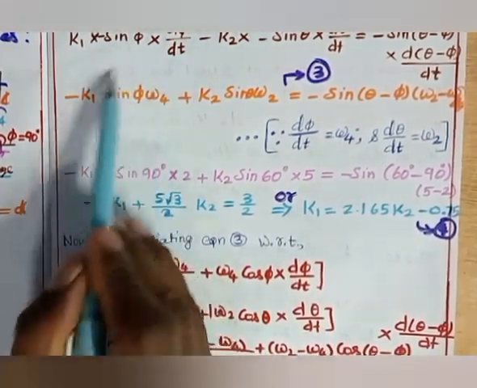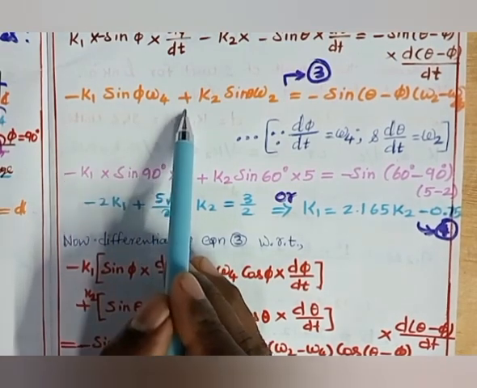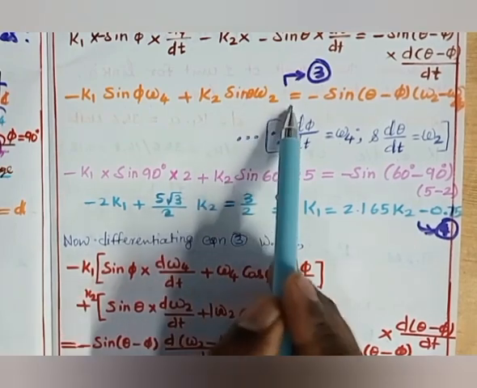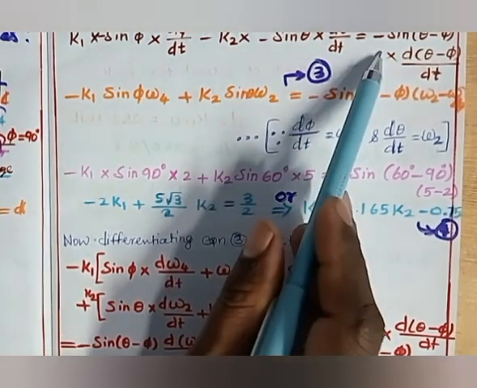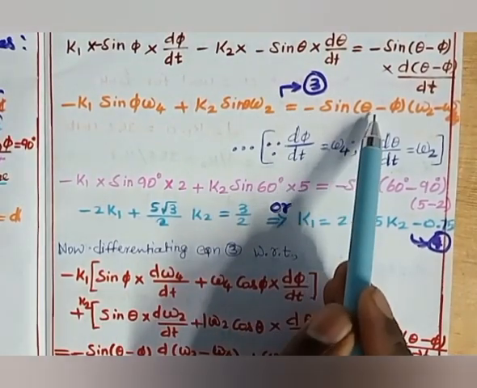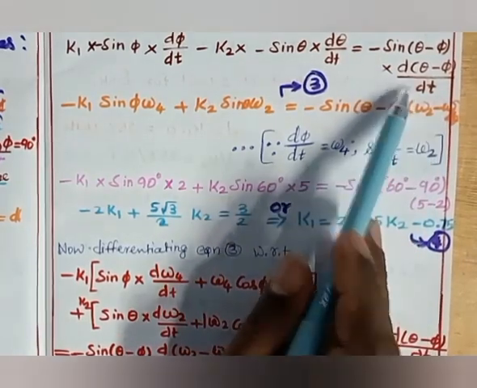Here rearrange the equation: minus k1 into sin phi omega 4 plus k2 into sin theta omega 2. Just we got in this: minus sin of theta minus phi into omega 2 minus omega 4.